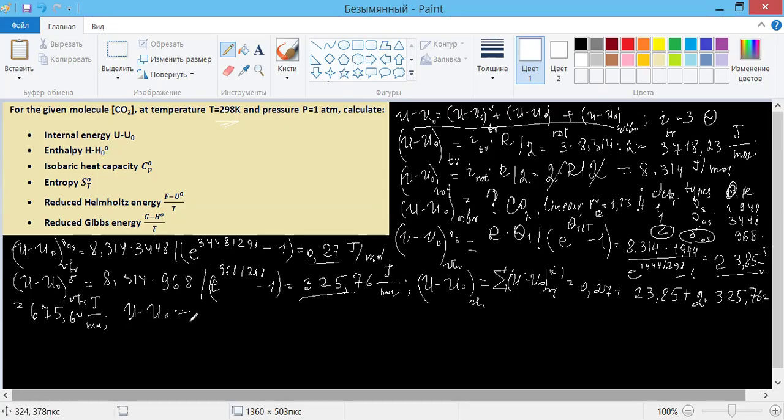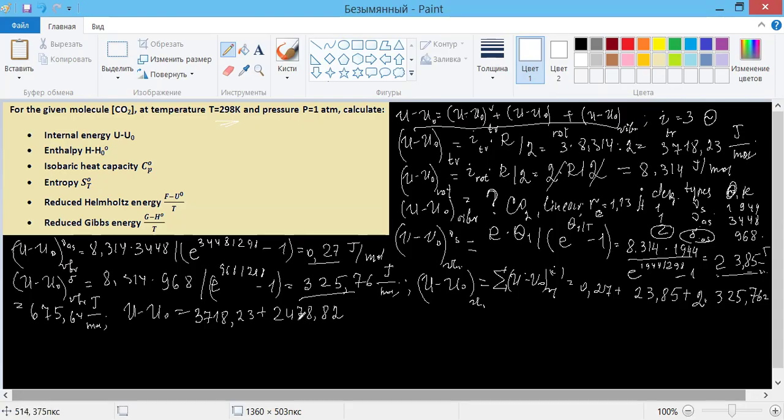So the translation component of internal energy is equal to 3718.23 plus 2478.82.